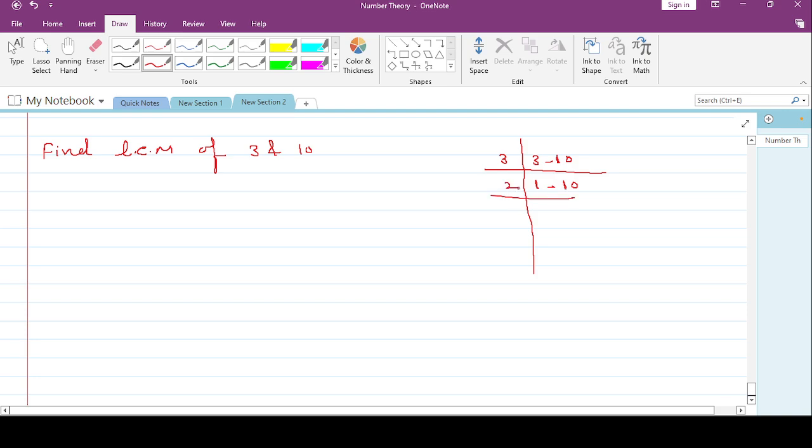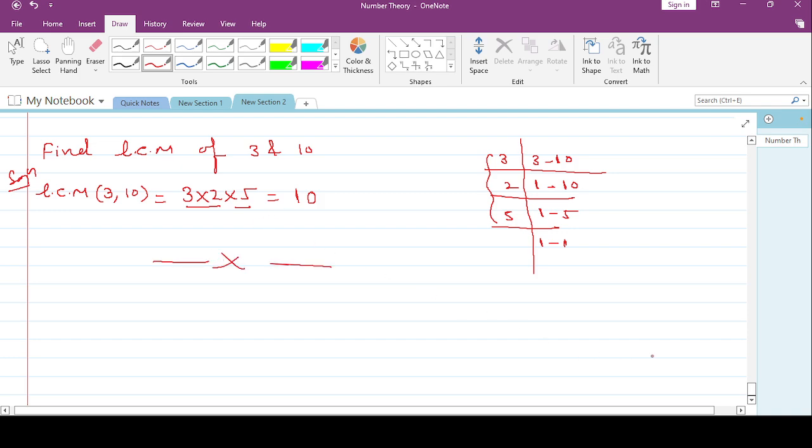Then you divide it by 2, here you get 1, here you get 5. Now divide it by 5, here you get 1. Okay. So what is the LCM? LCM of these numbers 3 and 10, it is just the product of these numbers. Okay. So 3 into 2 into 5. So it is 6 into 5. Here what is it? It is 30. So 30 is the answer.